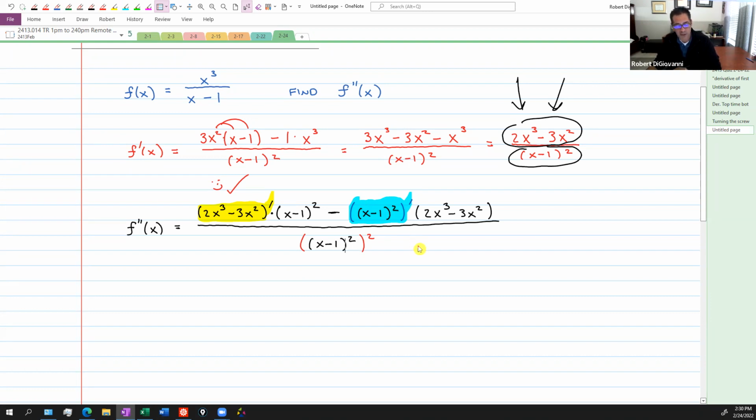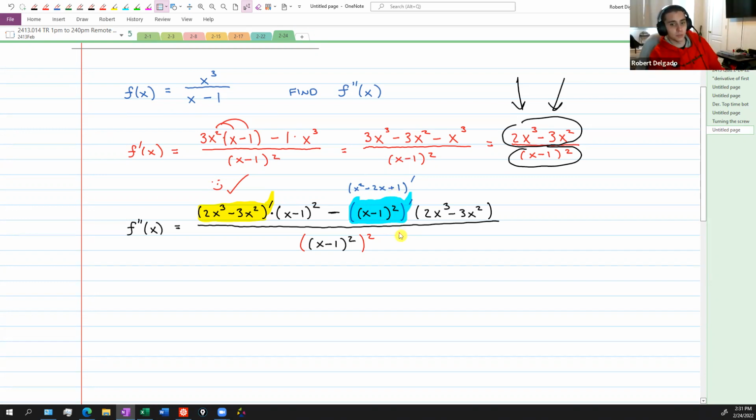So what I'm going to have to do in this problem is expand out x minus 1 squared, FOIL it out, and it becomes x squared minus 2x plus 1. After I expand it, now I'm happy taking the derivative because I can just do each one individually. Does that make sense?